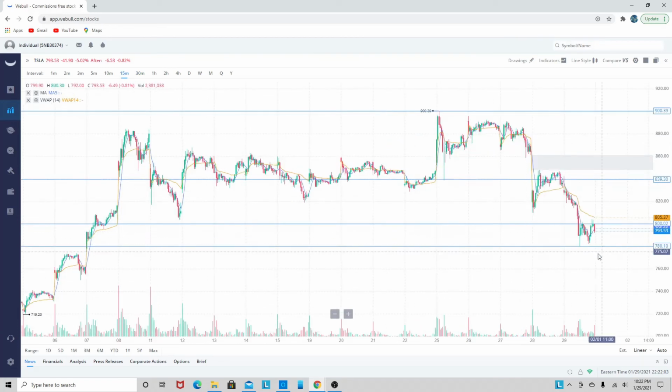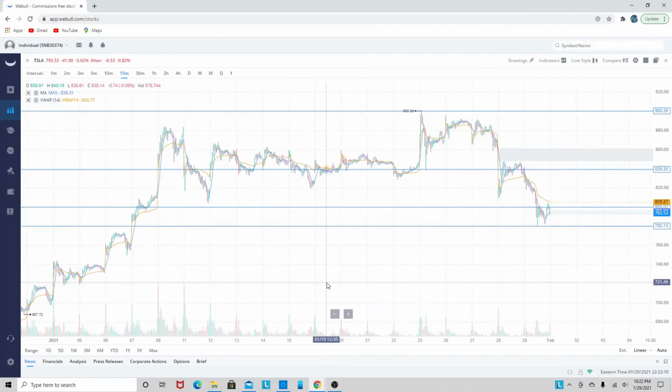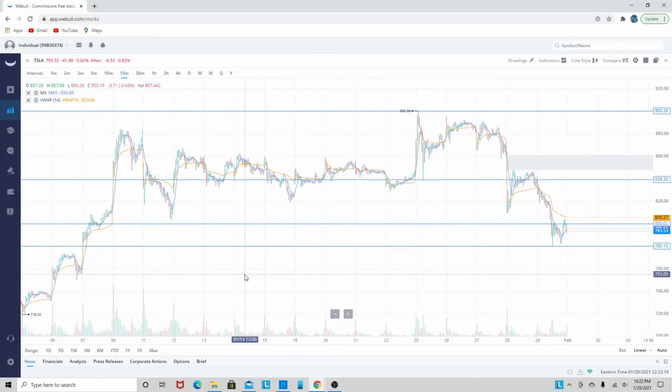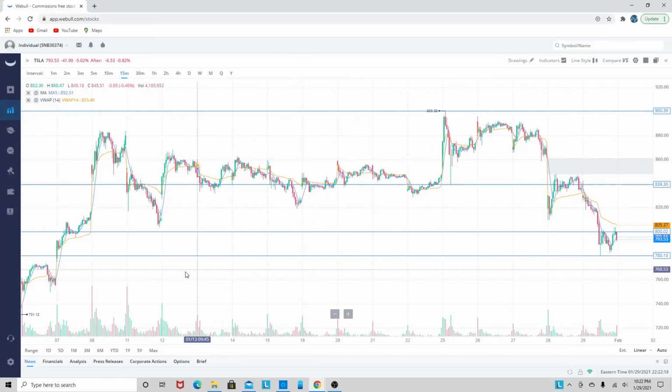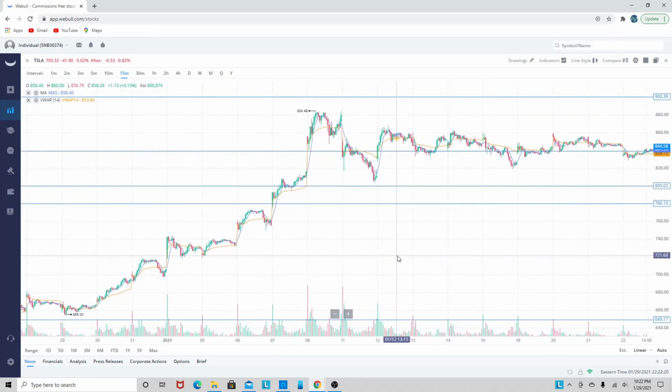Now, if it does drop below this 780 right here, we're going to have to find our next support level. So if it does drop below here, we're going to need to know where our next area of support would be. So we're going to have to go to the 15-minute chart. That's what I'm on right now.